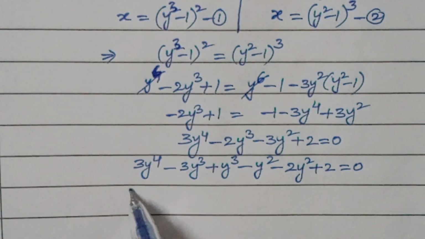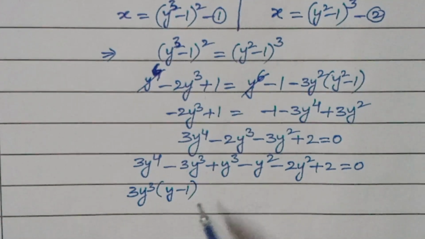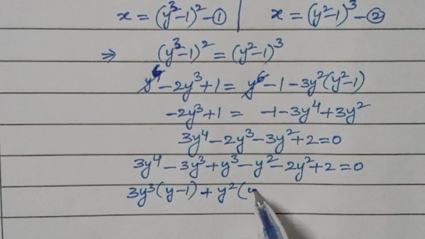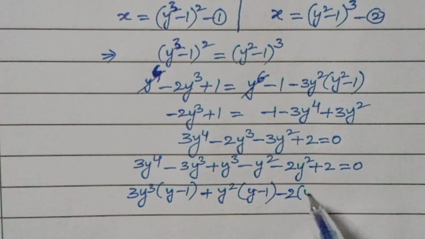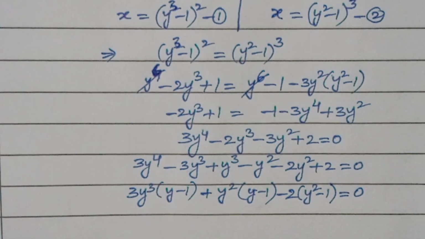Now here you can take 3y cube common, y minus 1. Here you can take y square common, y minus 1, minus 2 common, y square minus 1 equal to 0.